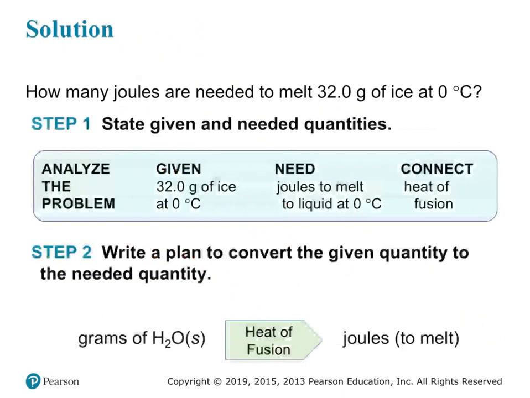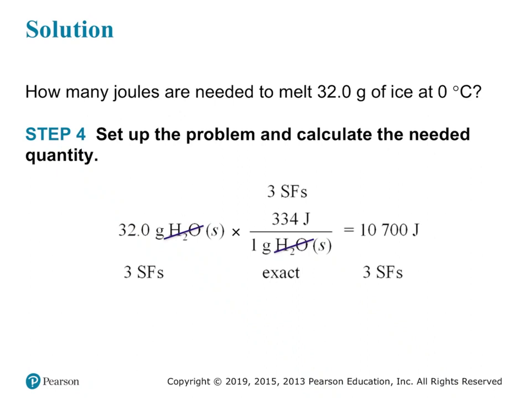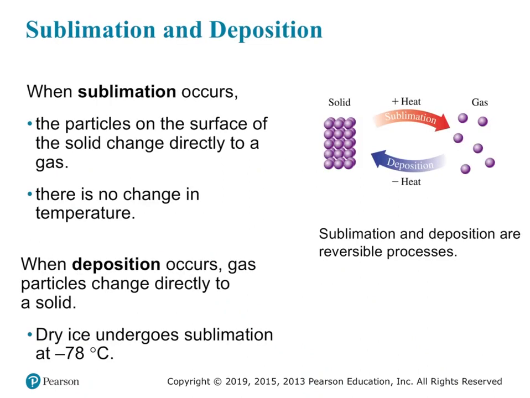And then here are the solution slides. And it steps you through all of the same things that we just did. So now let's talk about another change of state. And this one is really interesting. So there are some cases where instead of a solid turning into a liquid, sometimes a solid can go directly to the gas state.